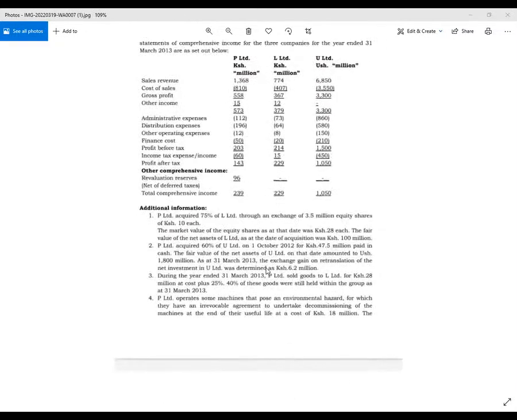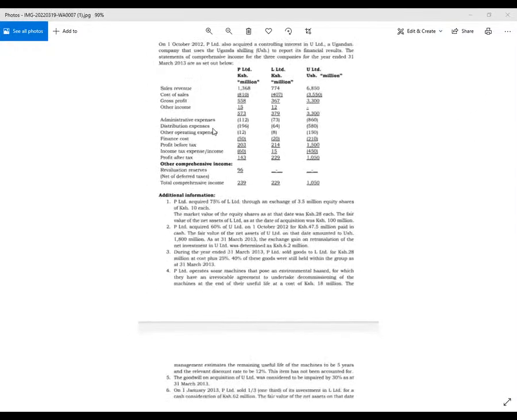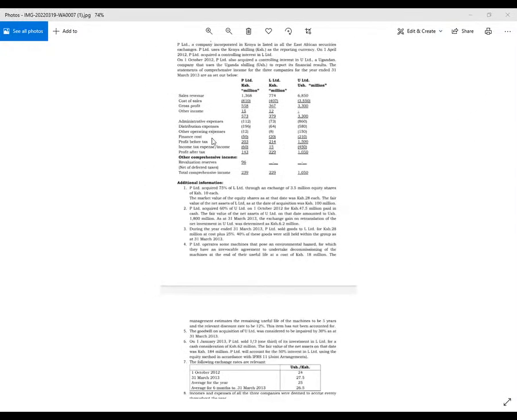Management estimates the remaining useful life of the machines to be 5 years and the relevant discount rate to be 12%. This item has not been accounted for. The goodwill on acquisition of U Limited was considered to be impaired by 30% as of 31st March 2013.